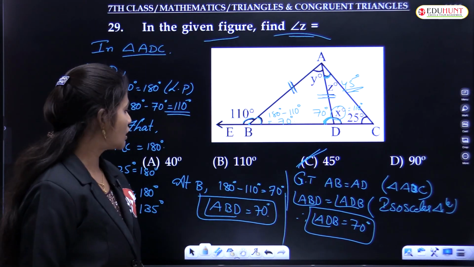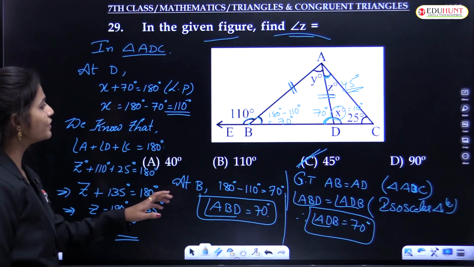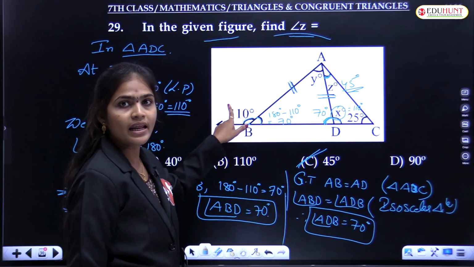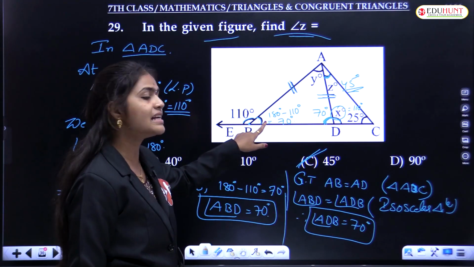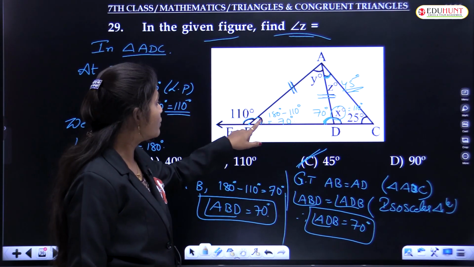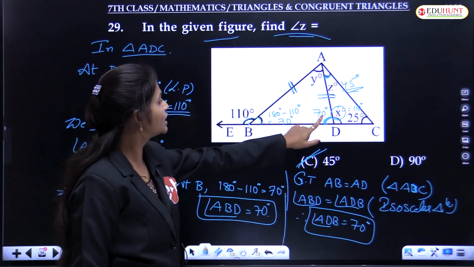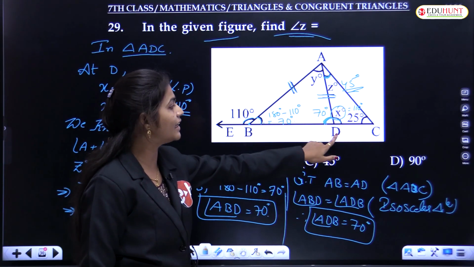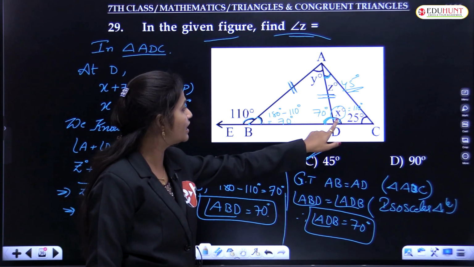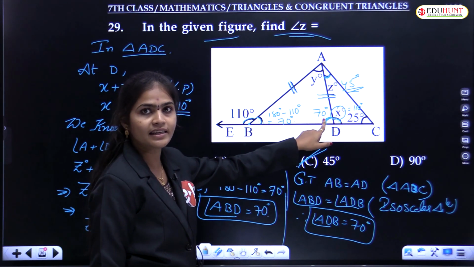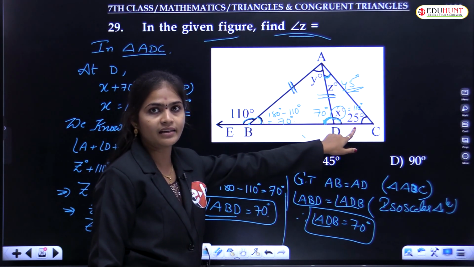So children, this is the way we have to find it. First, at B we have two angles. One angle is already given, so we need to find the second angle. Using this angle and the given condition, we can find another angle at D. At D also we have two angles. After we find one angle, 70 degrees, we need to find the other angle.